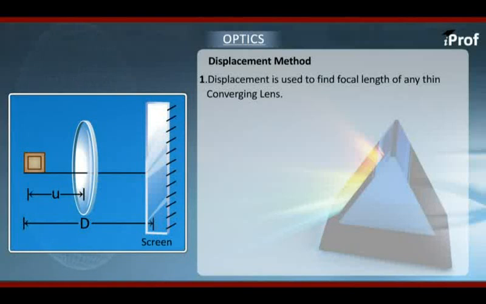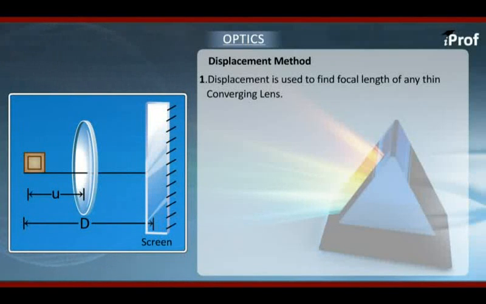Now we'll put the lens in between and we'll find a position of lens so that we get a sharp image. When we get sharp image, the distance of lens from the object is denoted by u, and the corresponding distance of image, that is the distance of screen from the lens, which we are denoting by v, will be obviously D minus u.